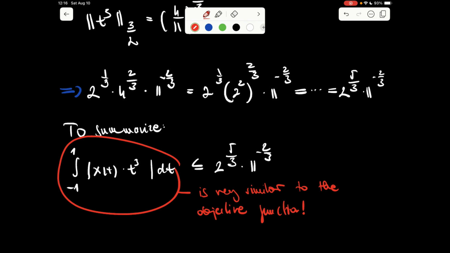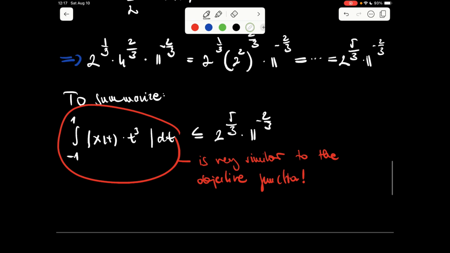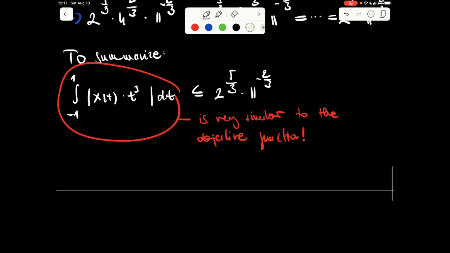All right. So, under what conditions does the Hölder inequality hold with equality?